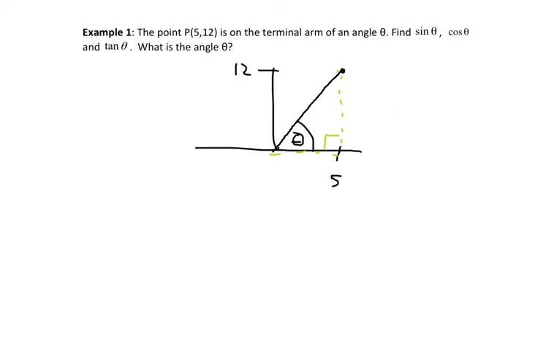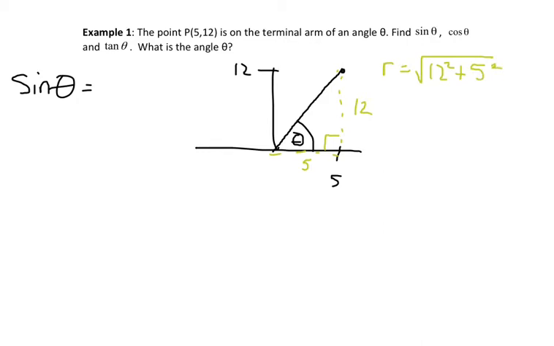So if I think about this, then sine of theta is a ratio. Sine theta is opposite, so this value is 12. This value is 5. Using the Pythagorean theorem, my radius is the square root of 12 squared plus 5 squared.